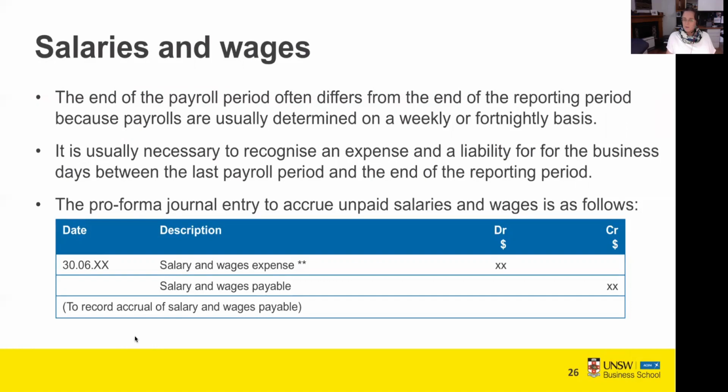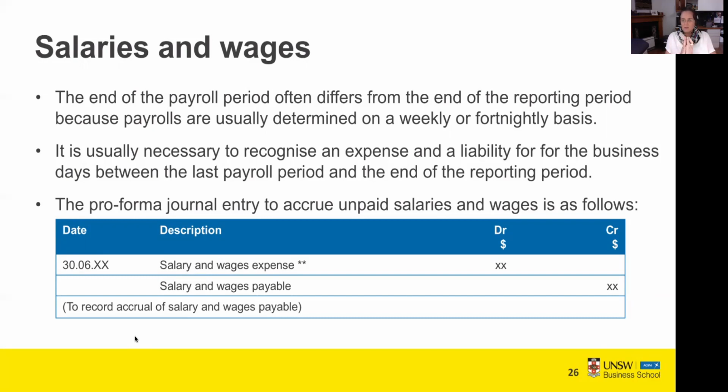One of the most common types of short-term employee benefits are salaries and wages. Most employees get paid on a weekly or perhaps a fortnightly basis. And in many cases, the end of each weekly or fortnightly payroll period will not align exactly with the end of a reporting period.